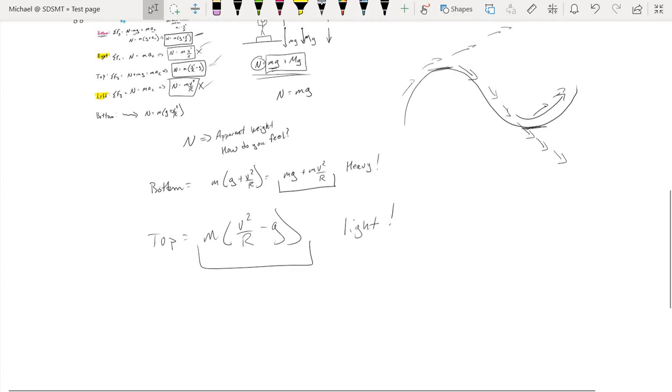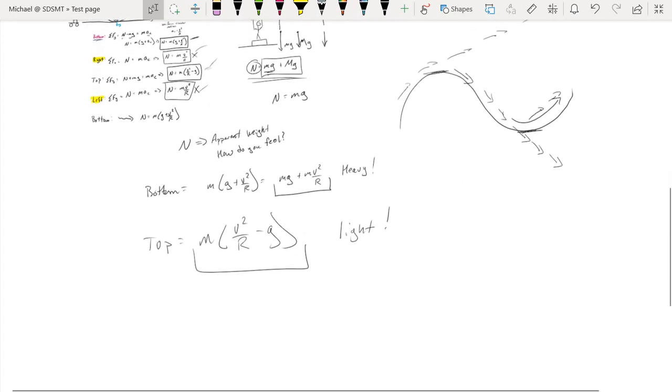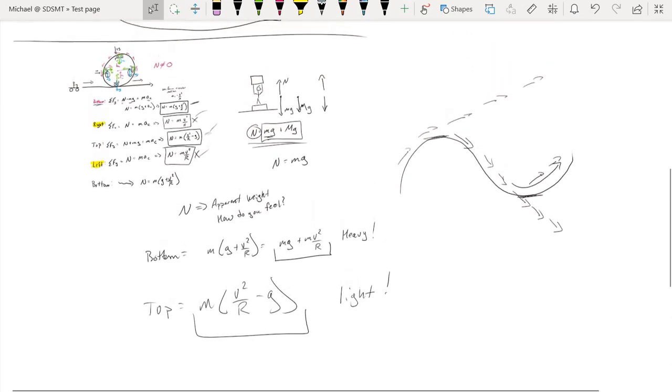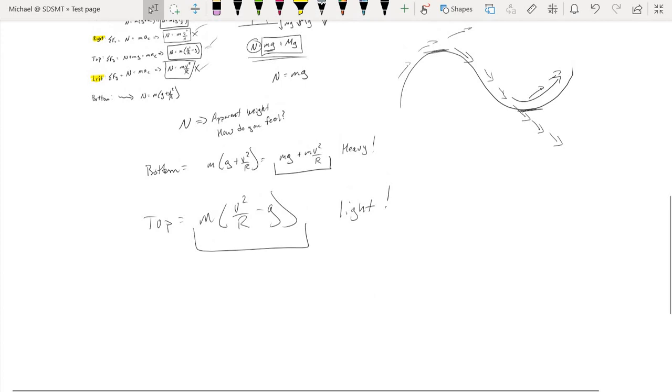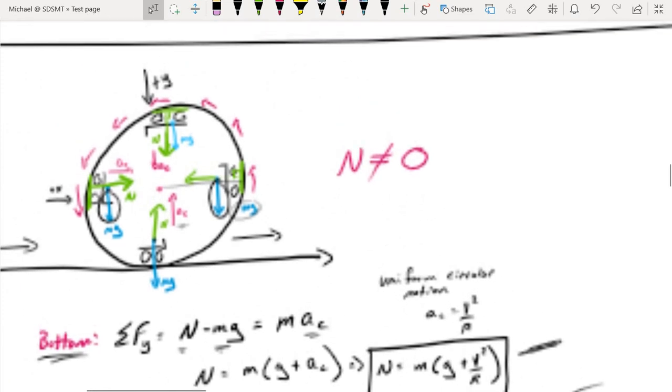So what I would like to do for the last part of this normal force discussion is ask ourselves, for a loop-de-loop of radius 10 meters, how fast do you have to go so that you can safely make it all the way through the loop-de-loop?